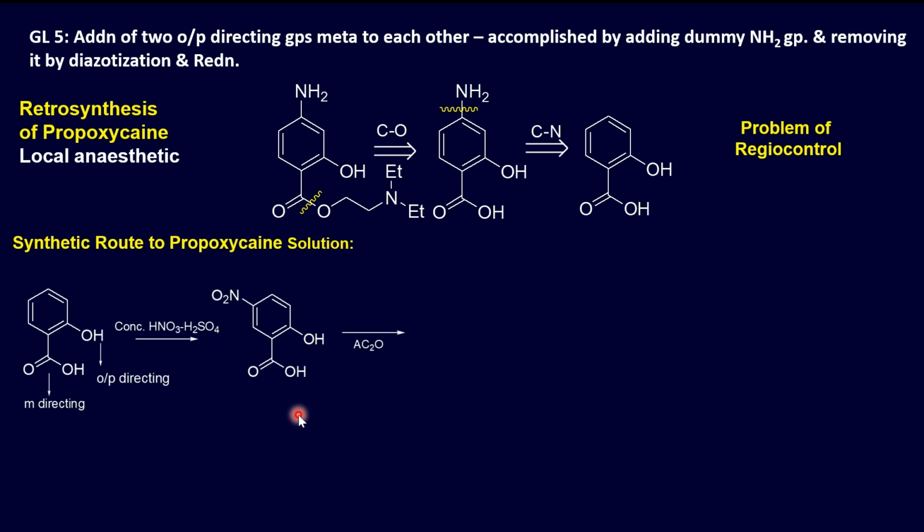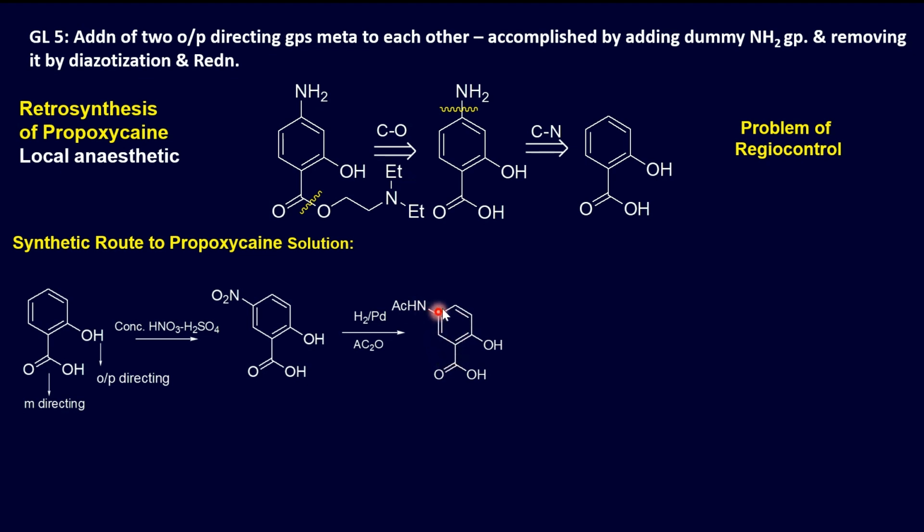Then I reduce this by using hydrogen palladium. Nitro group gets reduced to amino. That amino is a strongly electron donating group, and that's why I make it less electron donating by treating with acetic anhydride. I'll get the corresponding acylamine derivative. This is moderately activating and moderately ortho para directing.